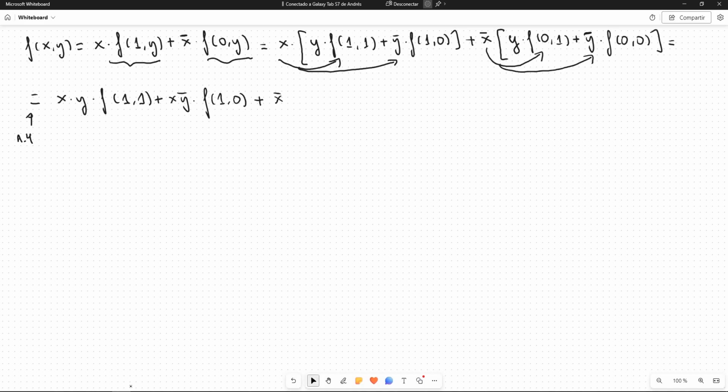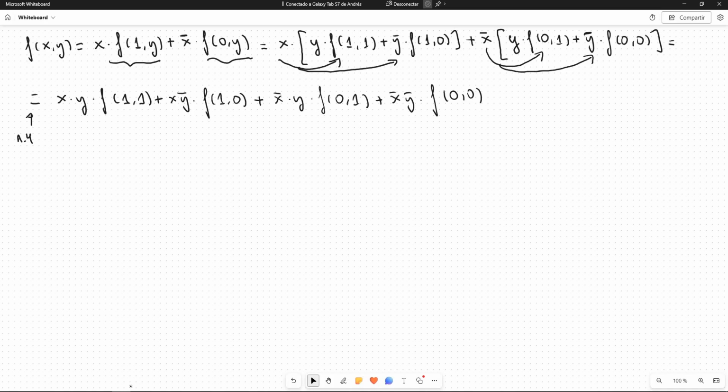Negated x, y, multiplying the function evaluated in 0 and 1, and finally x negated, y negated, and the function evaluated in 0 and 0.